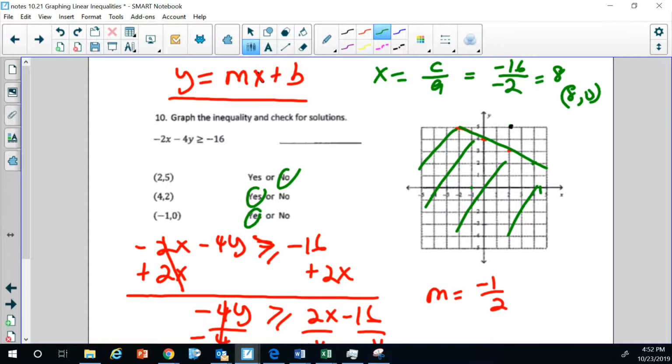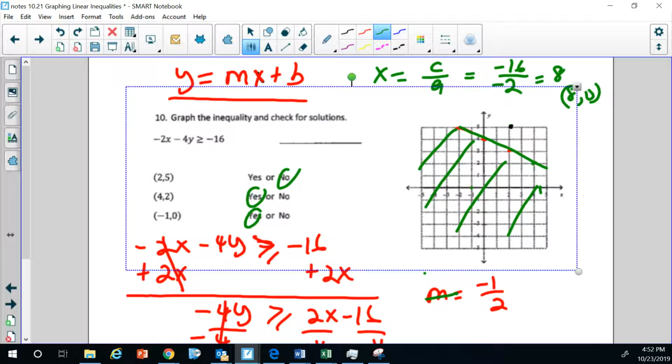Let's go with my y-intercept. That one needs more space, so let me erase this. From class, remember, the y-intercept is c over b, which is equal to negative 16 over negative 4.